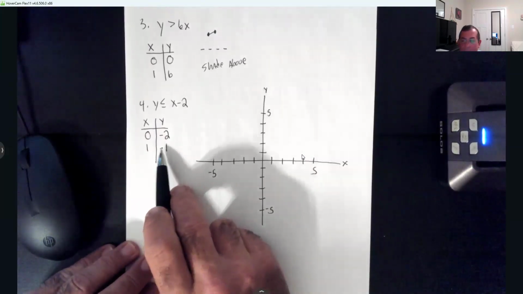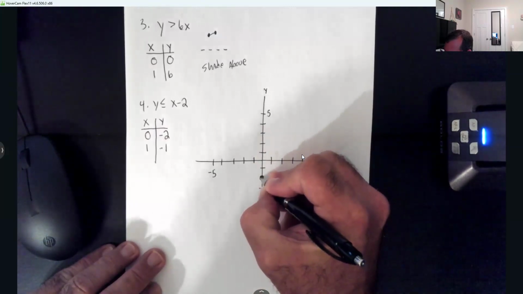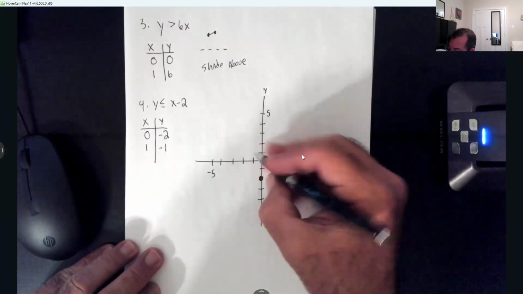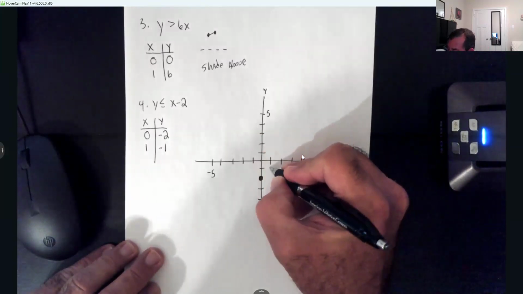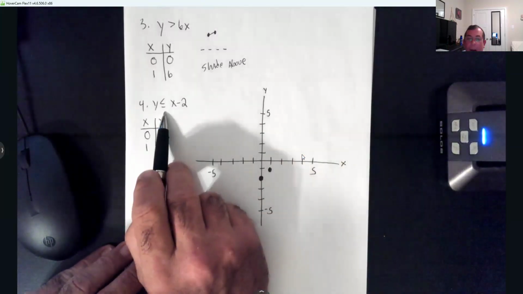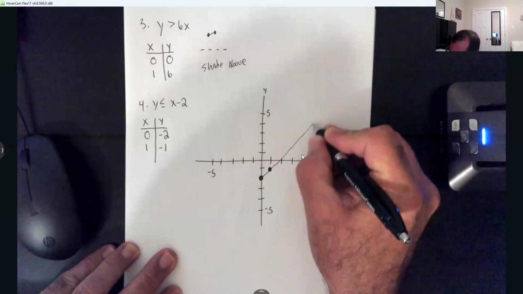So I've got my 2 points. 0, negative 2 is on the y-axis at negative 2. And then I had 1, negative 1. So go right 1 and down 1. All right, it had equals, so it's a solid line going through there.